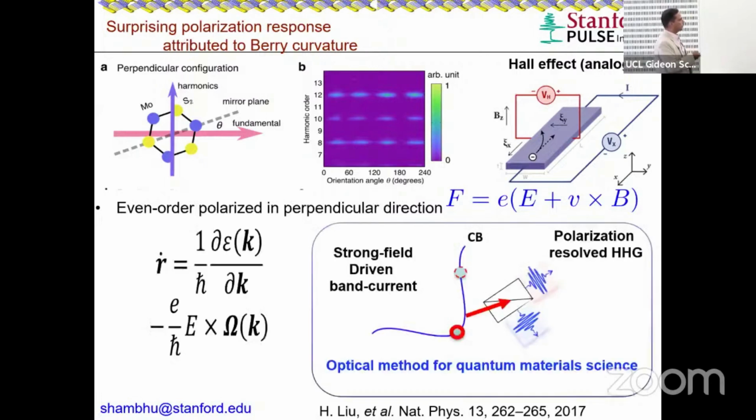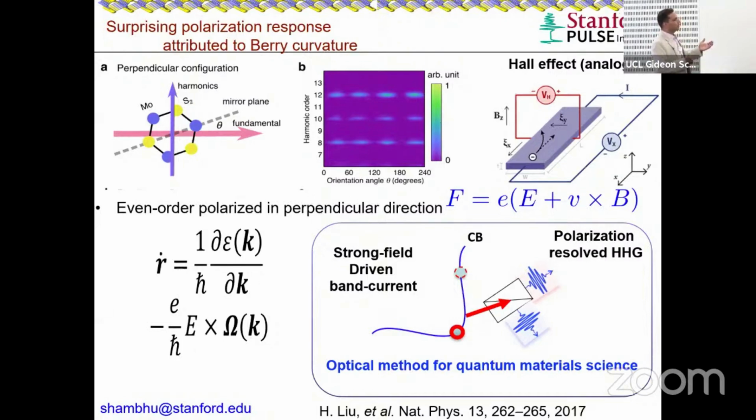So using that analogy, in the material, if you had the driven electron in the conduction band, usually there is the group velocity, just the standard group velocity that everybody knows. And there is another term that is not so well known, that has this cross term with the Berry curvature, very similar to what the magnetic field does to the driven current. Usually, because the applied electric field is relatively small, people don't really talk about the contribution from this second term.